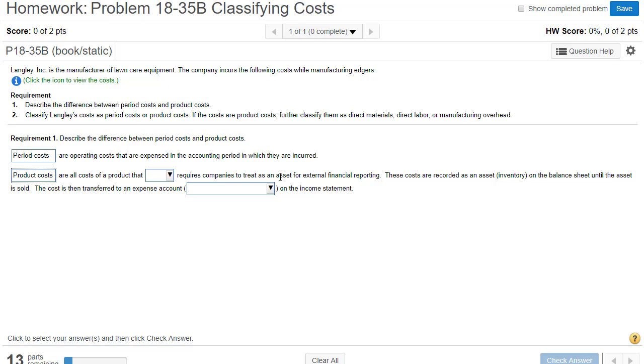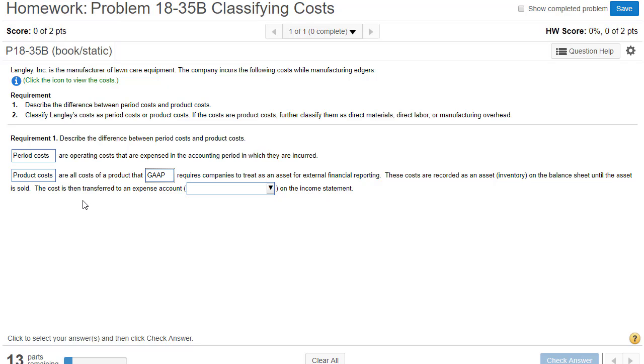These product costs are going to be in an inventory account, either raw materials inventory, work in process inventory, meaning the product has not been finished yet but has been started, or finished goods inventory, which means the product has been finished. So it's GAAP, generally accepted accounting principles, that requires companies to treat these product costs as an asset for external financial reporting. These costs are recorded as an asset, inventory, on the balance sheet until the asset is sold.